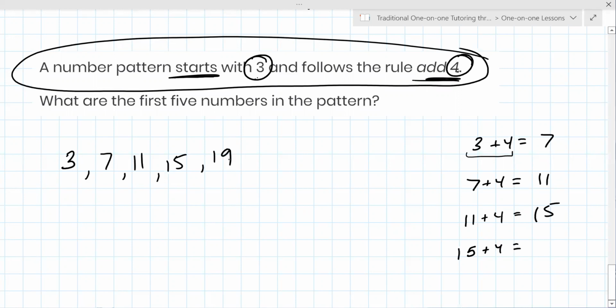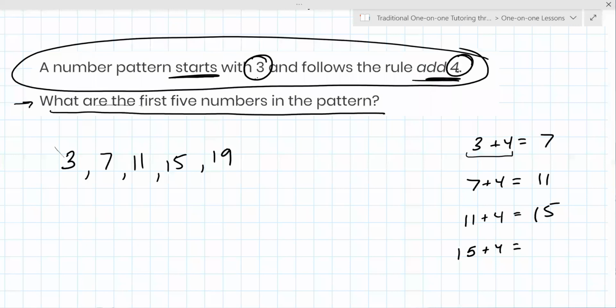It is 19. Perfect. Now, how many numbers does it want us to write in the pattern? Can you go ahead and read this for me out loud again, please? The second sentence. What are the first 5 numbers in the pattern?